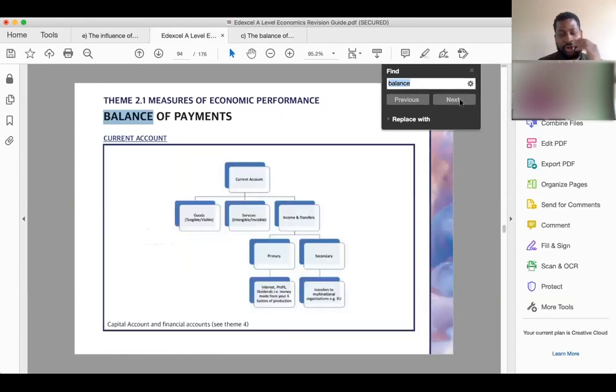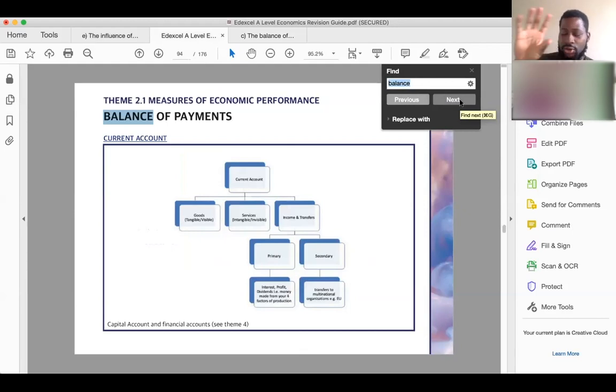How I like to think of it is, imagine you get your end of term report from school. Let's imagine a subject where you have two teachers. Each one will write a summary of your performance, and that's what the balance of payments is like.